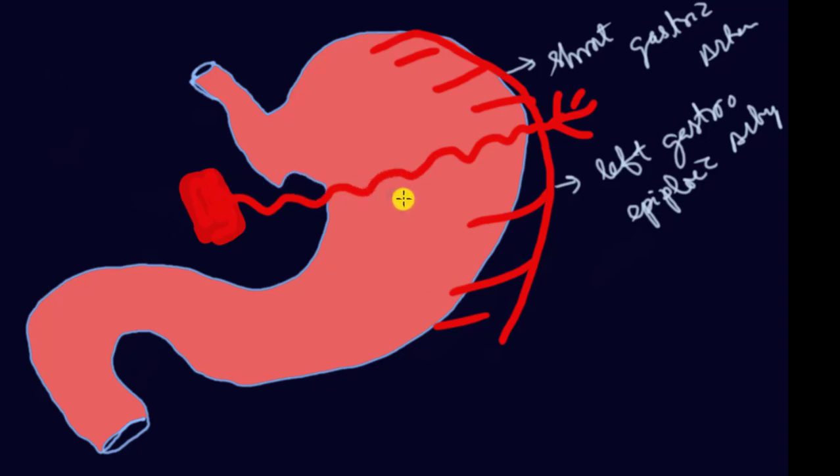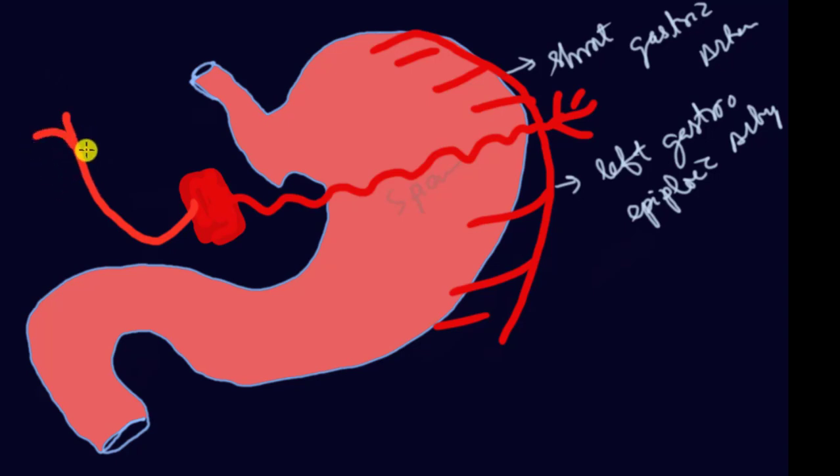As you know, this is the splenic artery. Like that, here we will find another artery. That artery is just going in this way. What is this artery? We can say common hepatic artery.